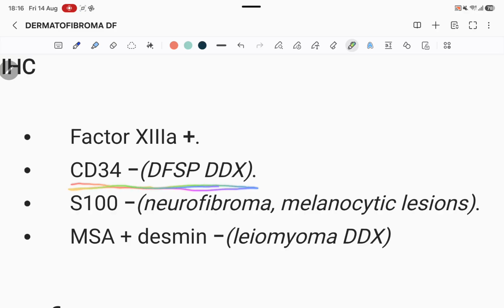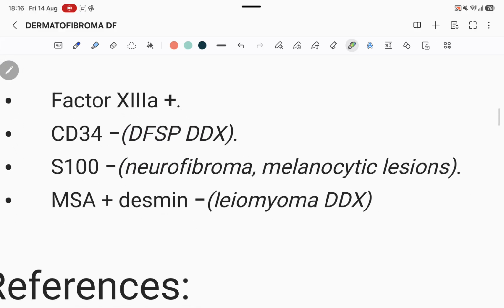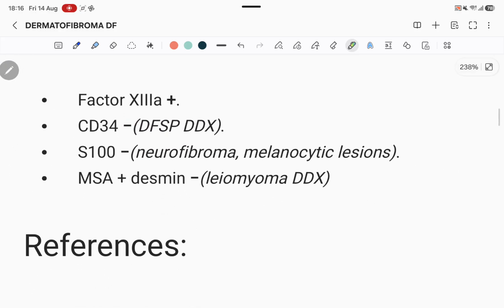This one is very important: CD34 is negative. However, in variants of dermatofibroma, CD34 can sometimes be positive at the periphery or in other areas, but in DFSP it's diffusely positive, taking all of the lesion really well. That's what you want to remember.